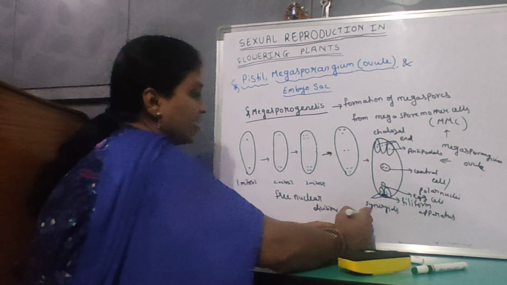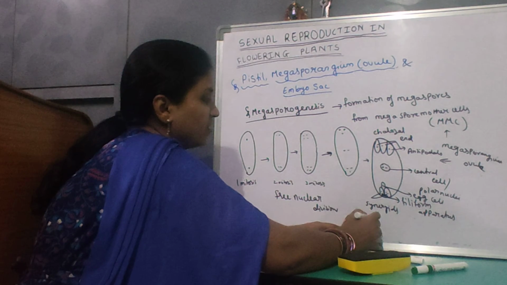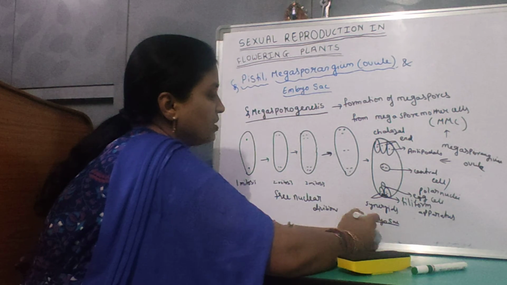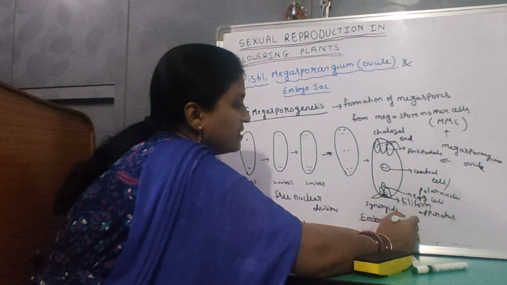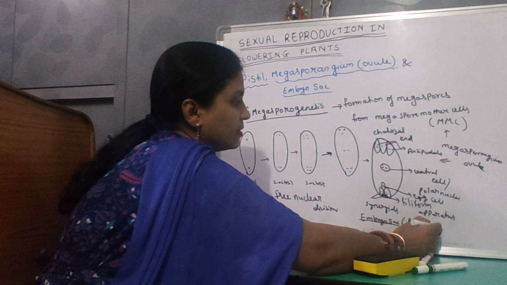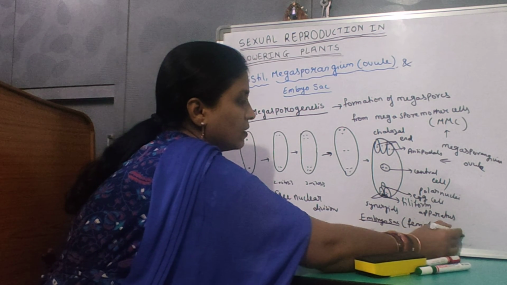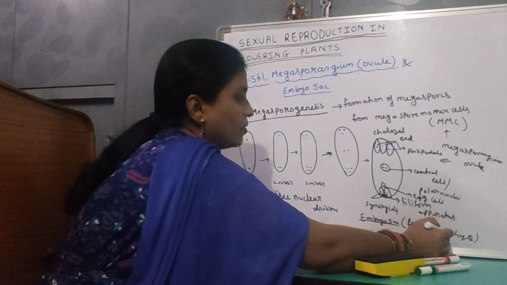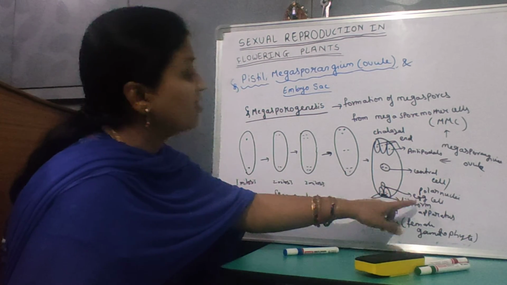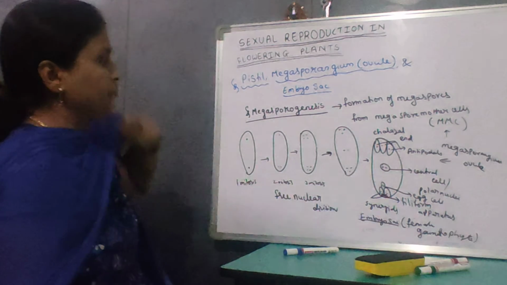This is the embryo sac, the female gametophyte. Embryo sac, what is it? It is the female gametophyte, which has the egg cell.